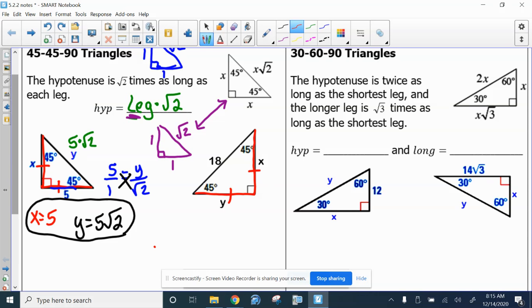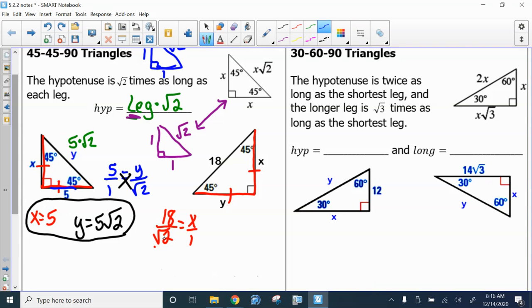Okay, so a couple of ways we could do this. We could do our hypotenuse, our 18, matching with our root 2. And then I could just say x over 1. And we could cross multiply. Or we could make our equation, which really becomes 18, the hypotenuse, equals the leg times root 2, which is really what happens when we do our cross multiplying.